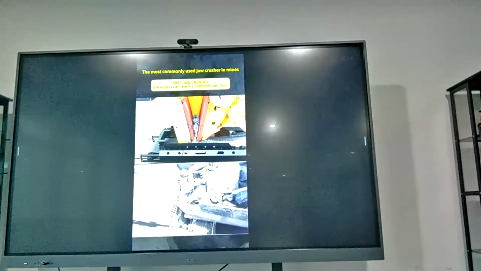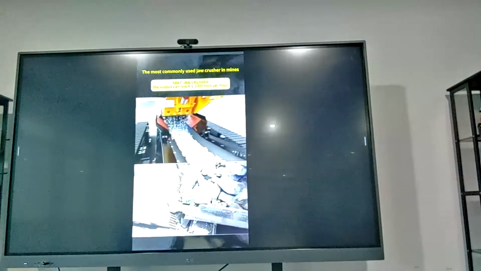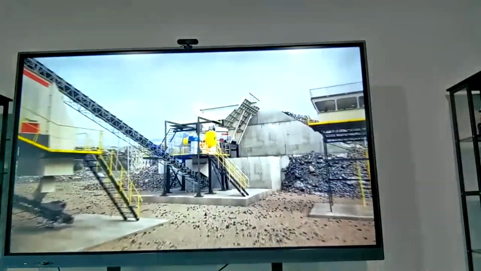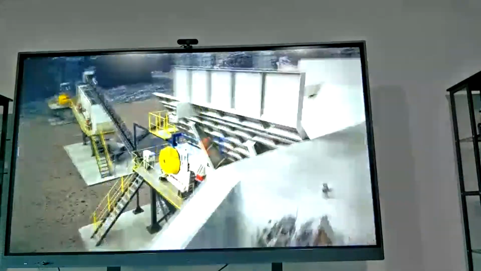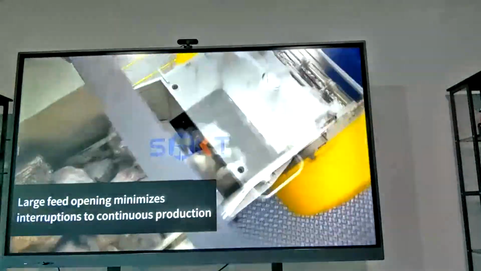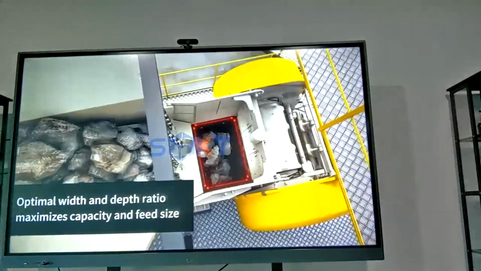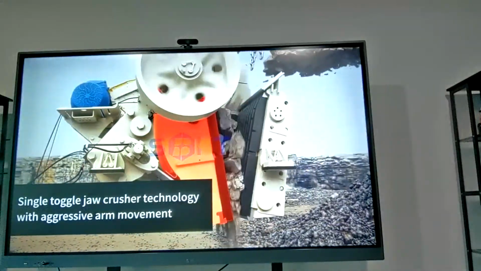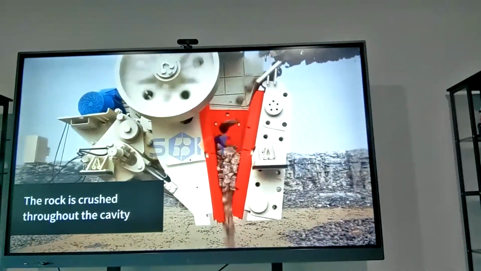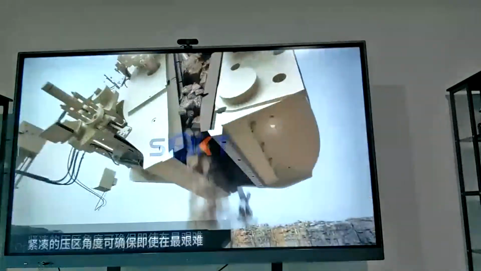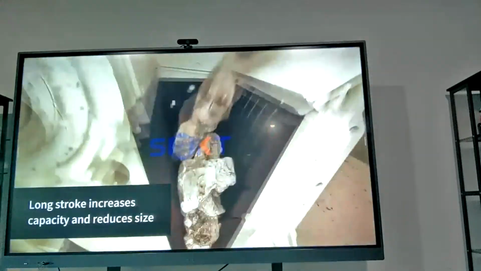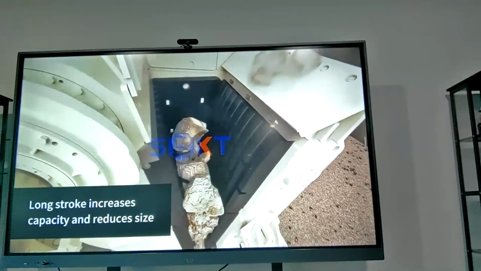At the same time, the optimized material flow path effectively reduces the blockage of materials in the crushing chamber and significantly improves the crushing efficiency of materials. Compared with ordinary jaw crushers, the European version of the jaw crusher can process more materials per unit time and demonstrates stronger operating capabilities in large-scale production scenarios.